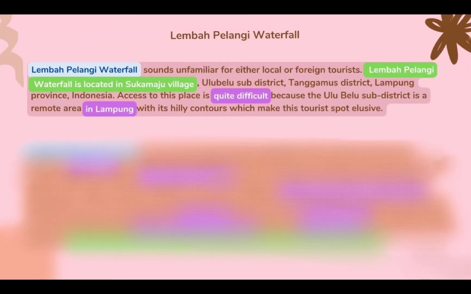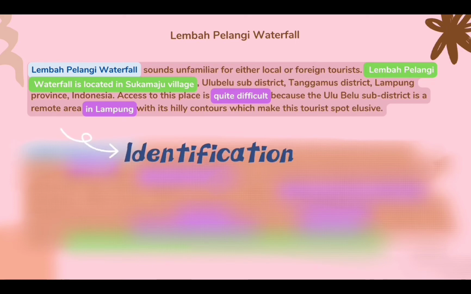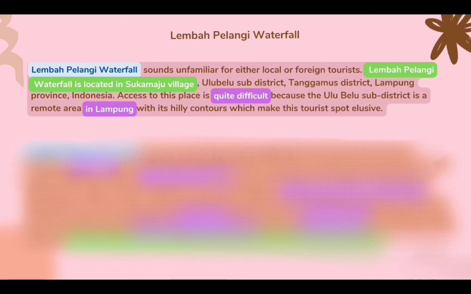The paragraph is the identification part. Why is it identification? Can you guess it? That's because the first paragraph contains the introduction of Lembah Pelangi waterfall, such as where the place is and how to get there and others.